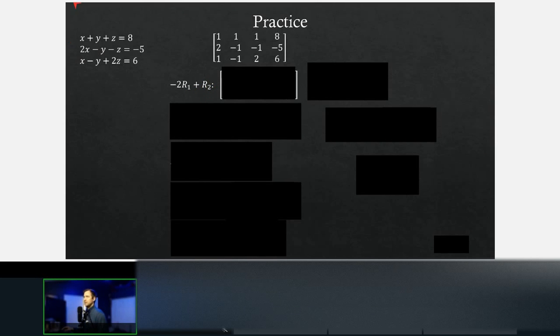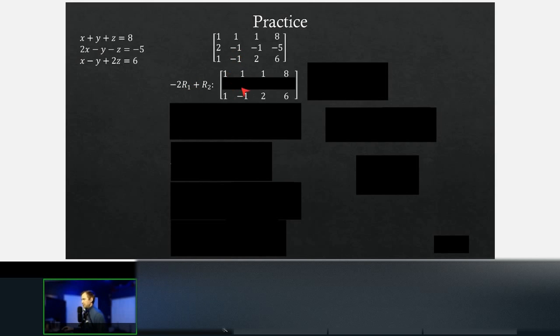So I like to go ahead and just write the ones that aren't changing, and that way I avoid making the mistake of somehow changing those numbers. Also, even though we're multiplying row one by -2, we're not actually changing it permanently. We're only doing this for the actual operation part.